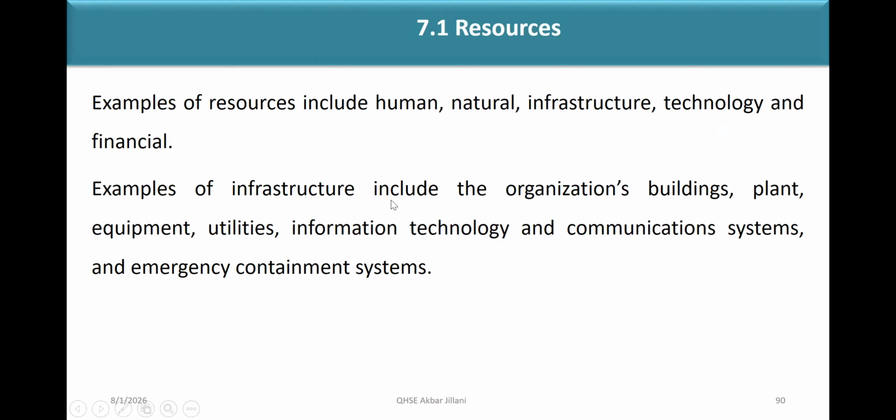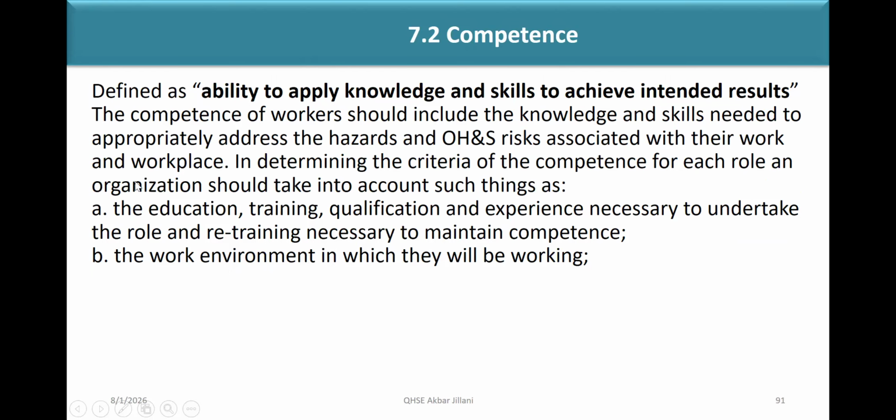Examples of infrastructure include the organization's buildings, plant, equipment, utilities, information technology, and communication systems, and emergency containment systems.